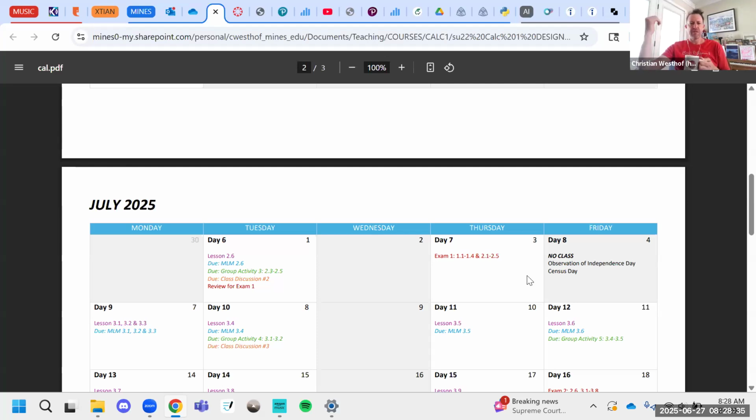publishing as we go. And the coming Monday, there'll be information on what the exam looks like, but it's going to be in 2 parts. You're going to have a MyMathLab component, and then a written component where, similar to the group activity, you download something, you work on it, and then you upload it to Gradescope.